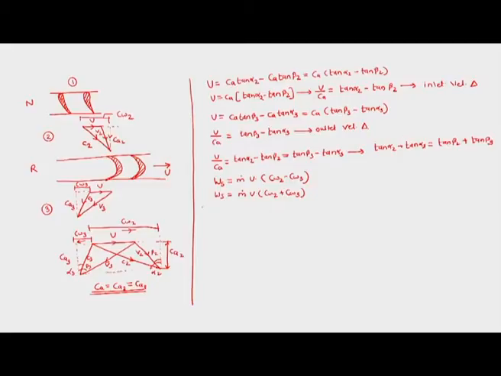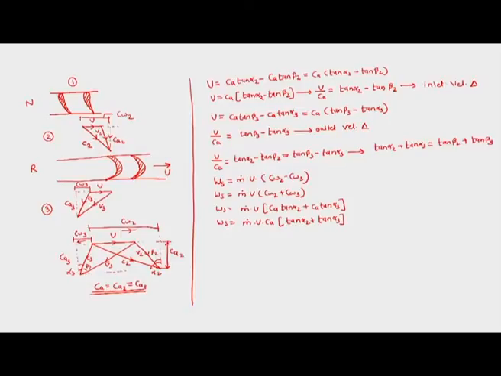Then we can write Cw2 is equal to Ca tan of alpha 2, and Cw3 is equal to Ca tan of alpha 3. So we have Ws is equal to m dot into u into Ca into tan of alpha 2 plus tan of alpha 3.